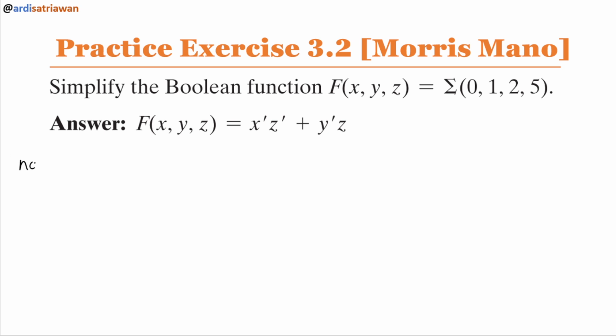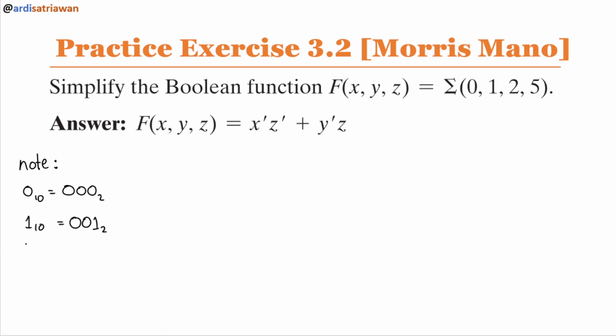Let's take a note here that 0 in base 10 is equal to 000 in base 2, but in 3 bits. For 1 in base 10, we will have 001 in base 2.